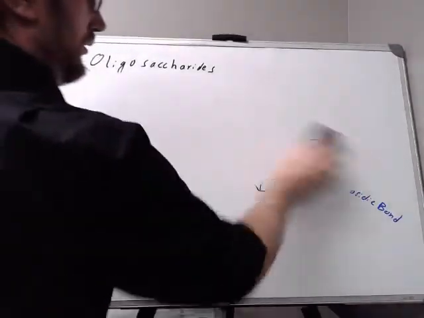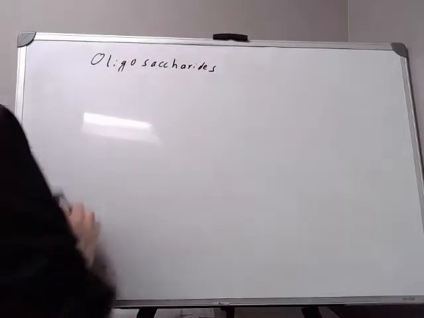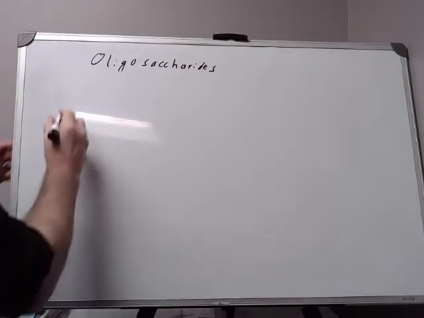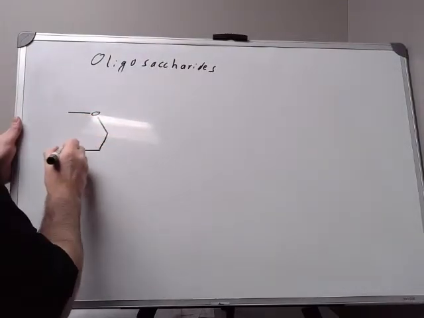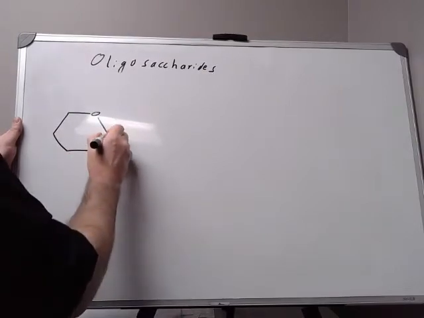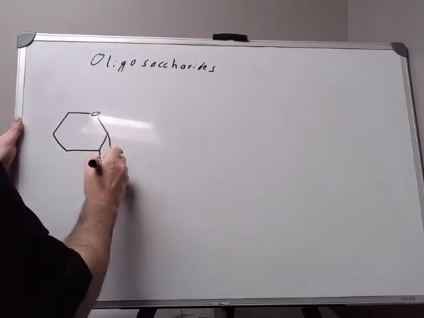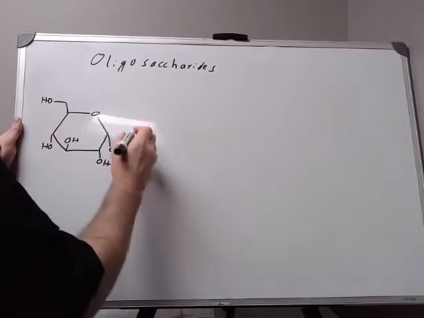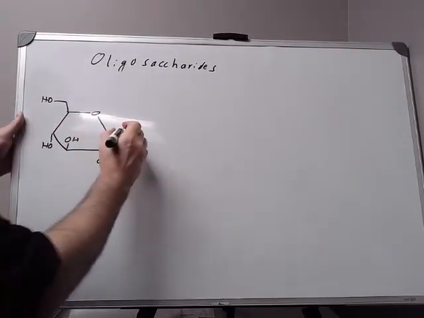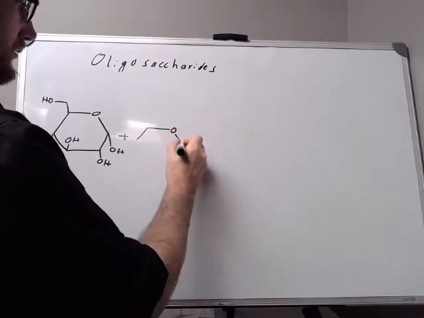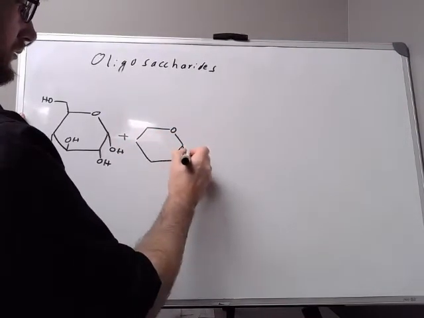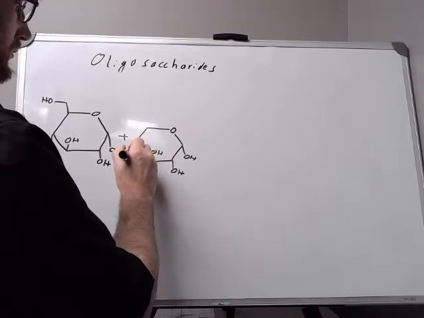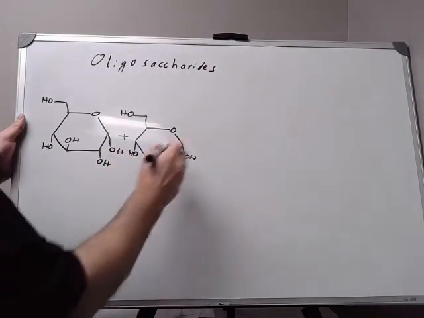So now we'll show a disaccharide. If we take 2 copies of beta-D-glucopyranose, actually no, alpha-D-glucopyranose, so here's our first alpha-D-glucopyranose. We take a second alpha-D-glucopyranose.